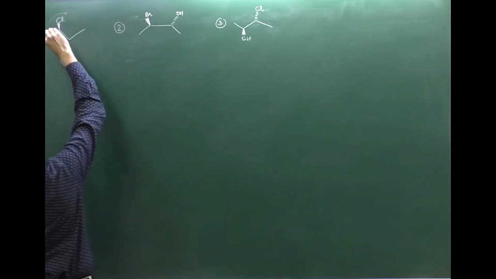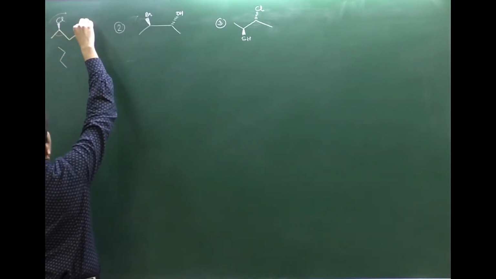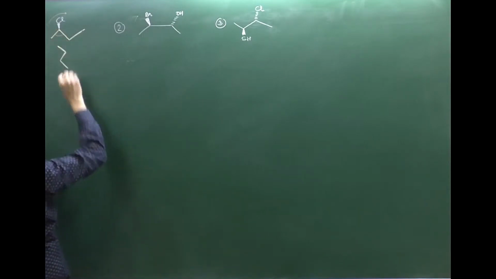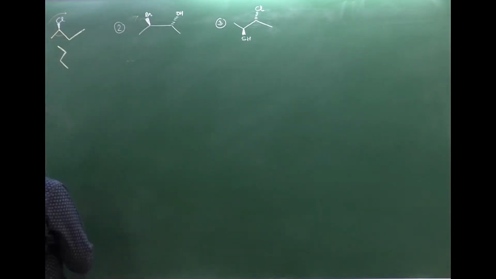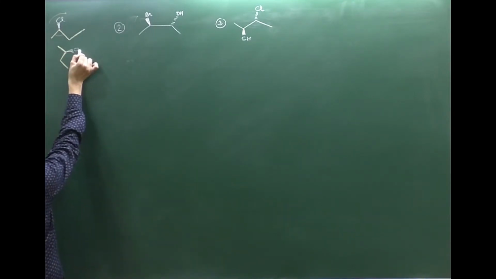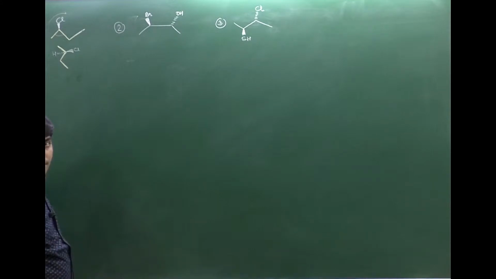You can visualize the carbon 1, 2, 3, 4 as this. So now the solid wedge, the Cl, would come on the right side. So the fourth valency, which is behind and is hidden, is H.